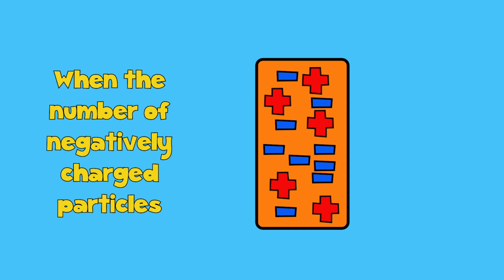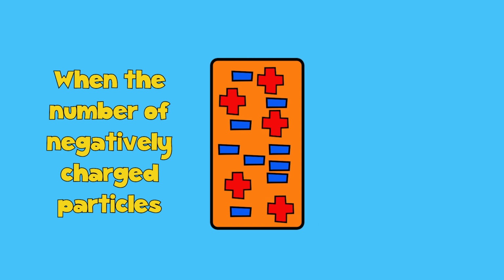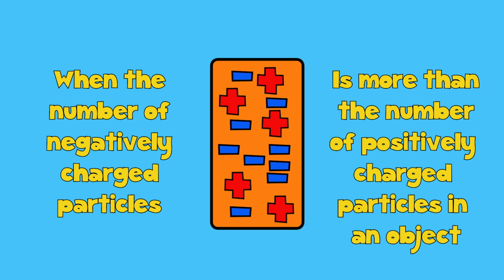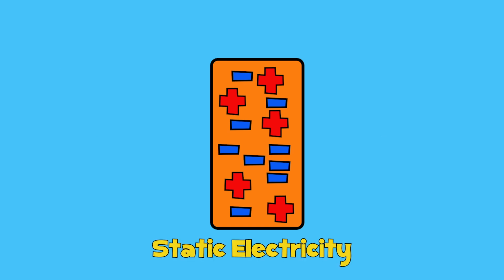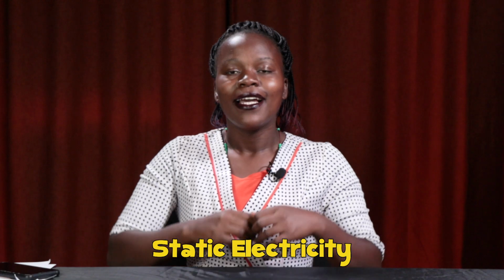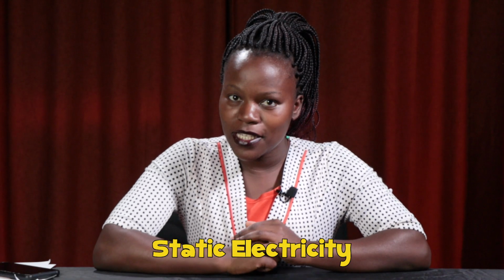When the number of negatively charged particles is more than the number of positively charged particles in an object, they form a certain type of electricity called static electricity. It is called static electricity because the negative charges are not moving to any other object, they are within that object. And we are going to see that in the following experiments.